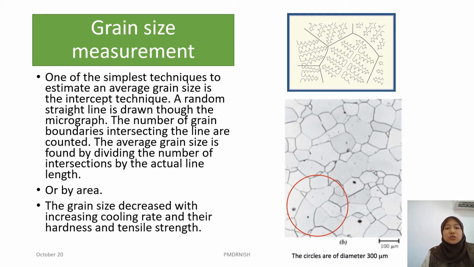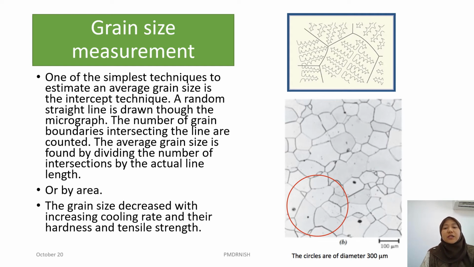Or you can also measure by area. Draw a circle or square area and measure the area, and divide by the number of grains included in this area. So you will get the average area of every grain.